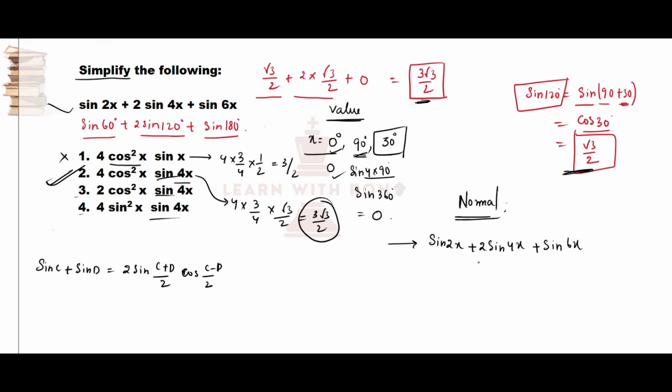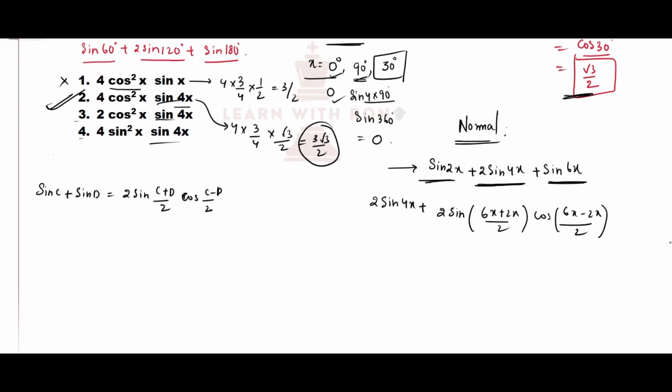Now, 2 sin 4x I am writing as it is. For sin 6x plus sin 2x, 2 sin of (c plus d) by 2 means (6x plus 2x) by 2, which is 4x, and cos of (6x minus 2x) by 2, which is 2x.